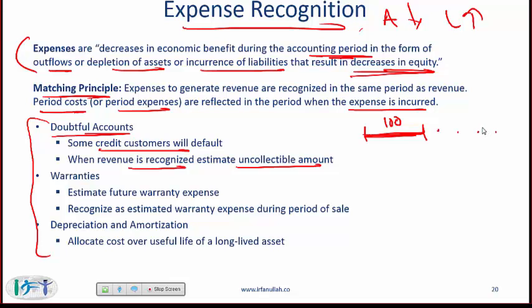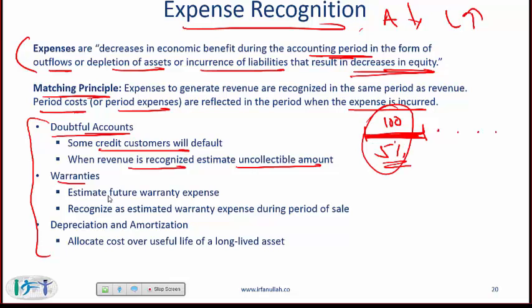But based on past experience, if you know that for this sale, 5% of this number will not be recovered, and let's say that this is 100,000 credit sales, then that 5% bad debt needs to be shown as an expense in this period, not later when you actually realize which customers are going to default. And this has to do with the matching principle.